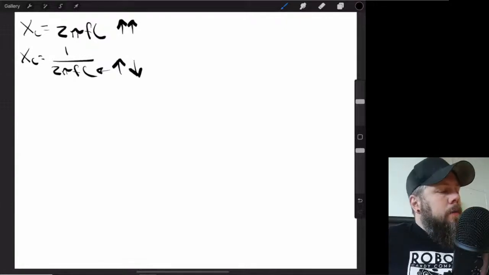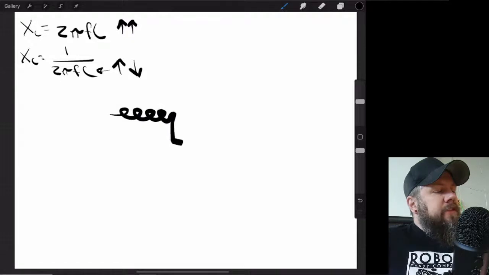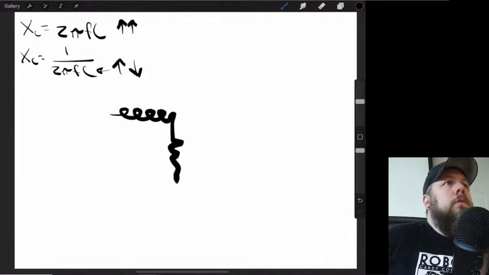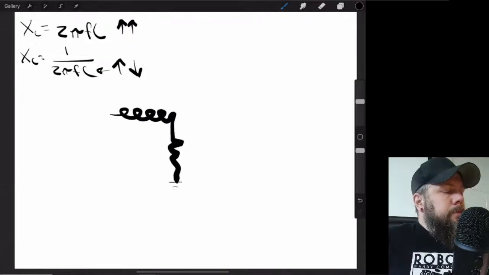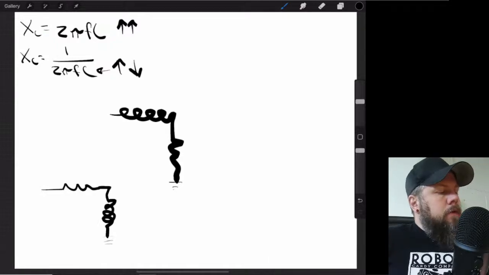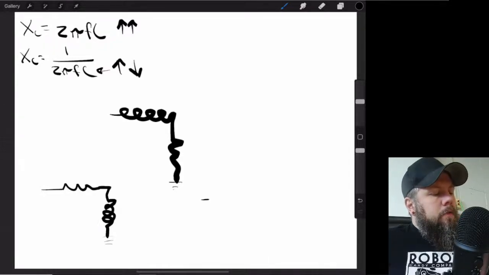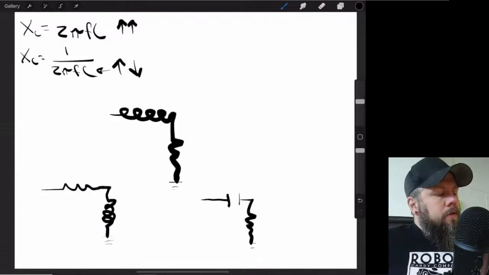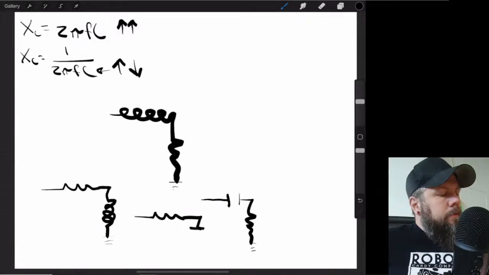We could have a coil and a resistor right there, or we could have a resistor and a coil going to ground, or we could have a capacitor and a resistor going to ground, or we could have a resistor with a capacitor going to ground, okay?